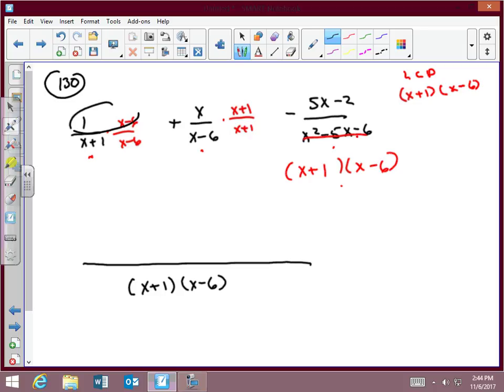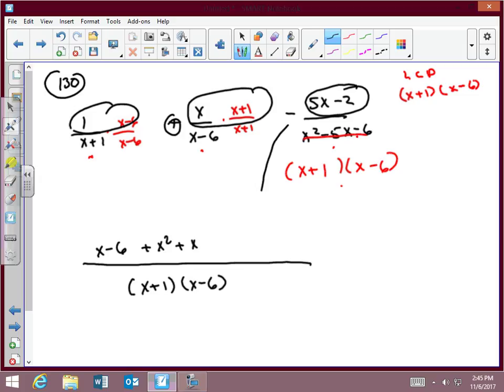Now what are you going to put down here for that? X minus 6. What are you going to put down here? X plus 2x squared. Okay, you go plus x squared, right? Because this plus will not change anything, so it's plus x squared plus x. Now then, what are you going to do with this thing? 5x minus 2.